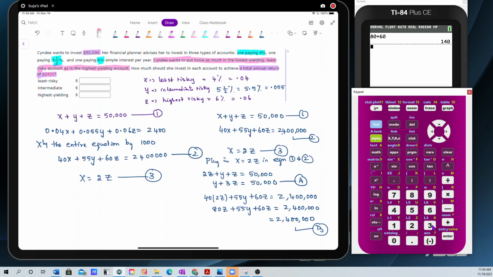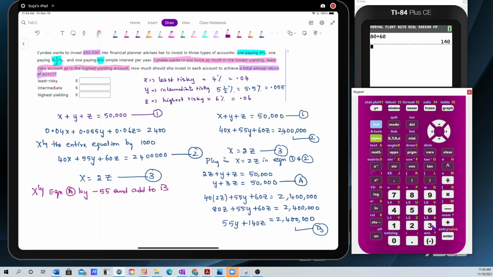That'll be helpful. So this is 55Y plus 140Z. So I'm looking at equations A and B. What I'm going to do is multiply equation A by negative 55 and add to B.